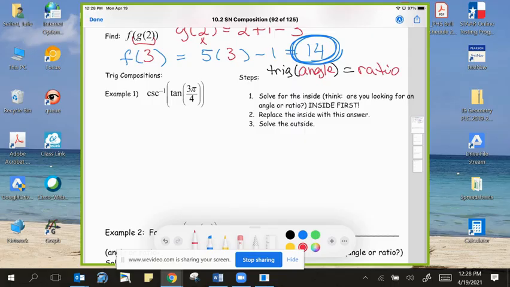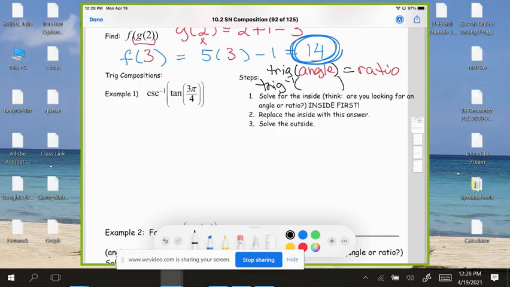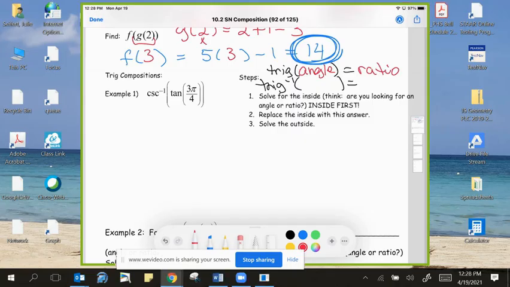Now, if we have an inverse trig function, we take the inverse trig function of a what? Is it a ratio or an angle if we have a trig inverse? That is a ratio, and then that's equal to the angle.